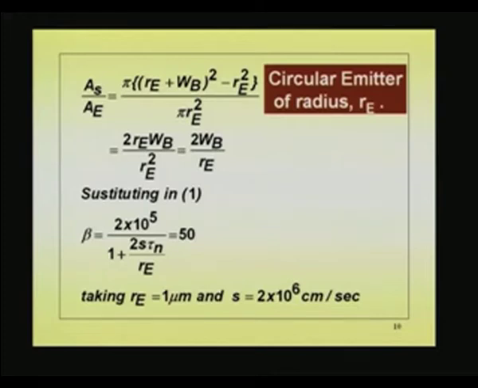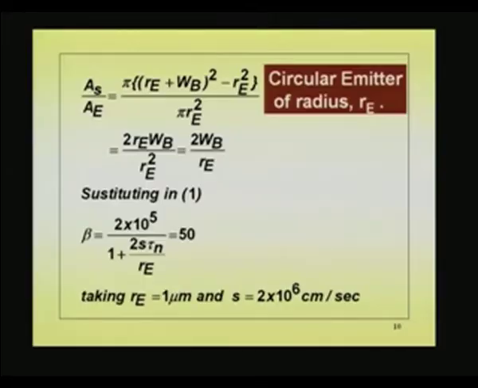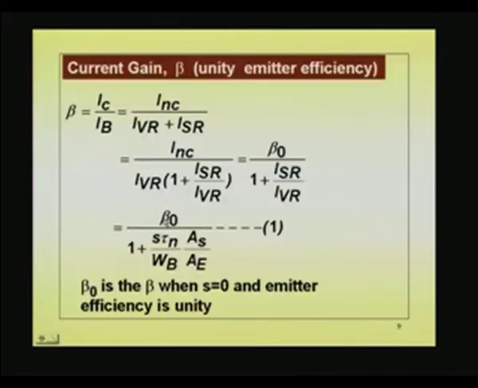So, in this ratio Re gets cancelled. Now, you can see the ratio depends upon Wb by Re. Finally, it boils down to how much the base width decides the ring width, and how much the area depends upon Re, upon this ratio. Now, let us put that number in. Beta is beta naught divided by S tau by W, substituting in one equation.